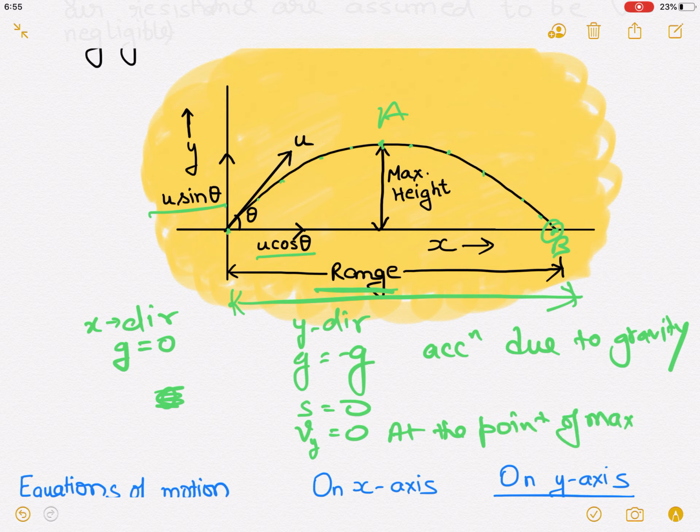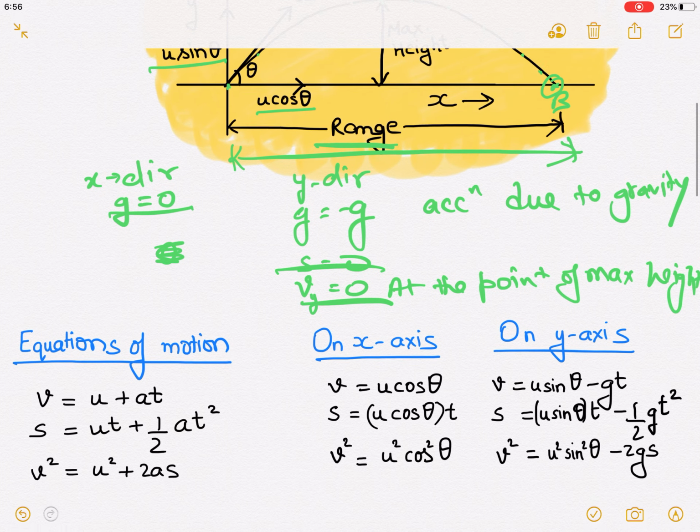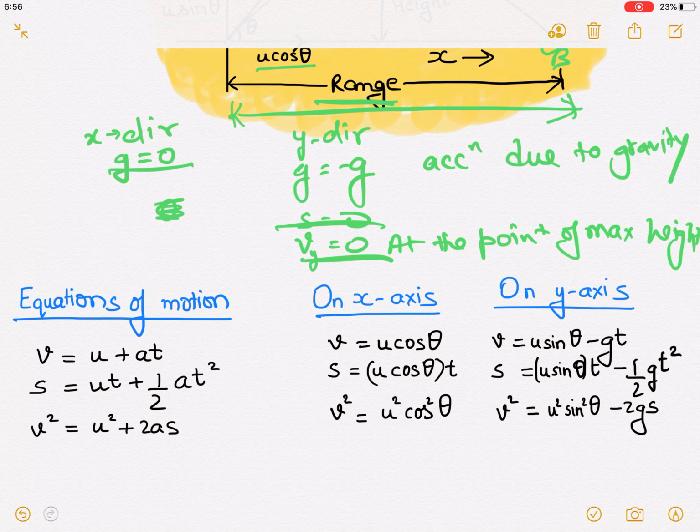This is a very important point which will help you in solving the questions as well as deriving the equations. So what are the three things that we are getting? 0, this and this. This will definitely help you while you derive the equations and solve the questions.